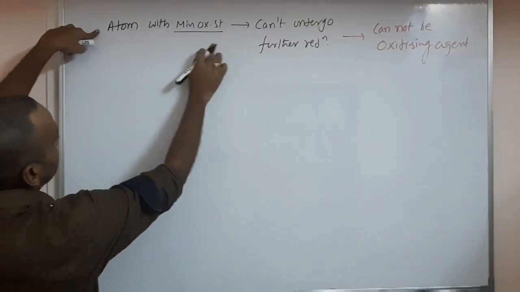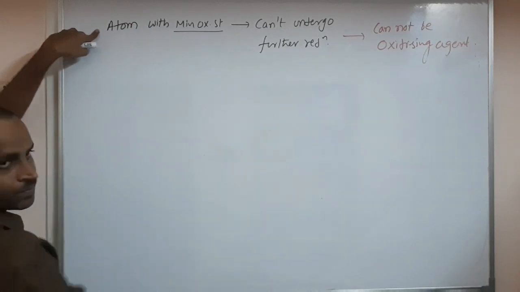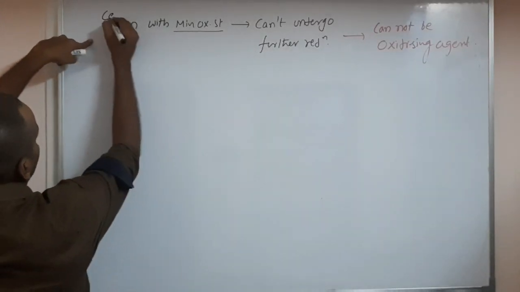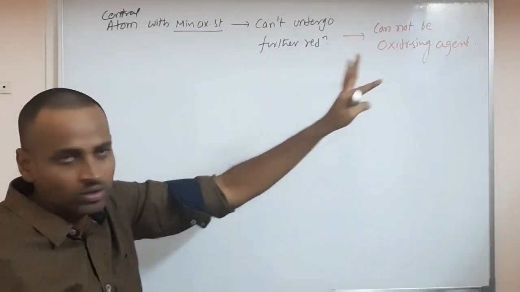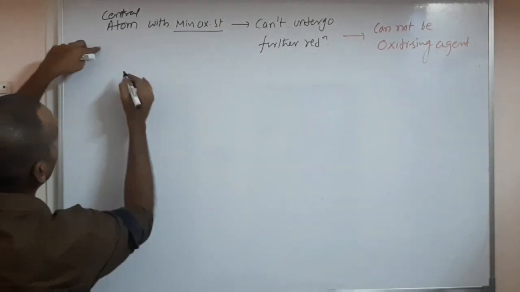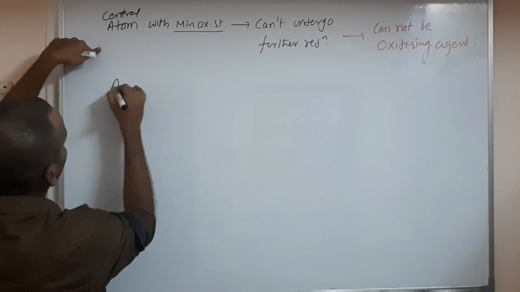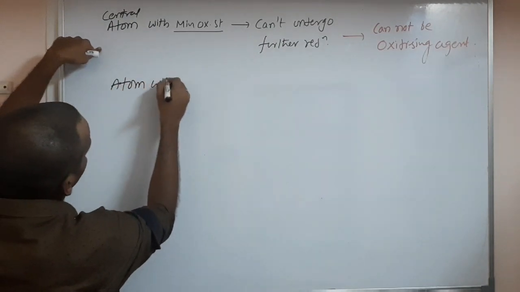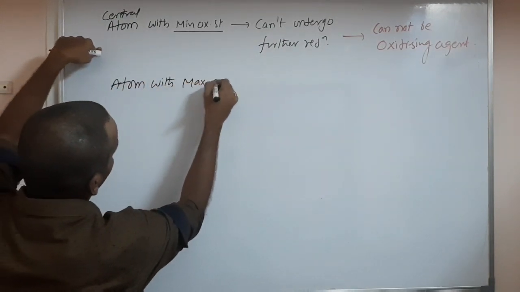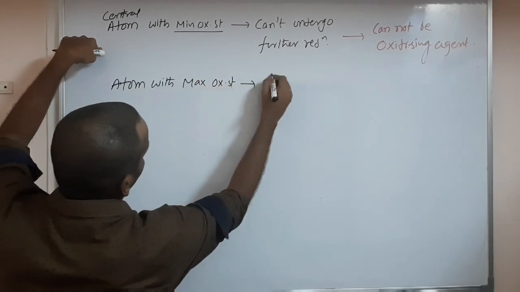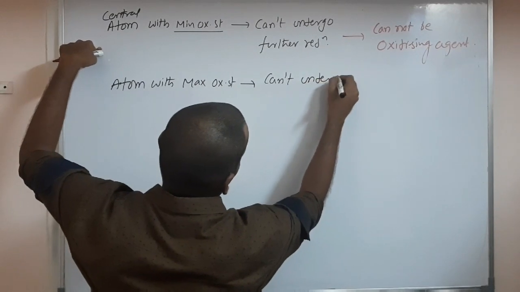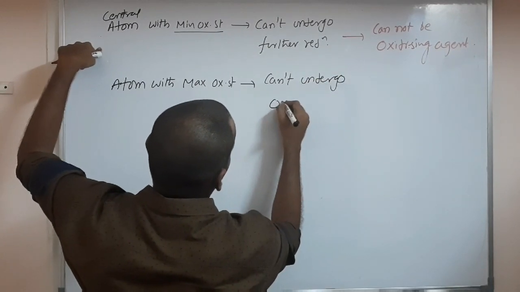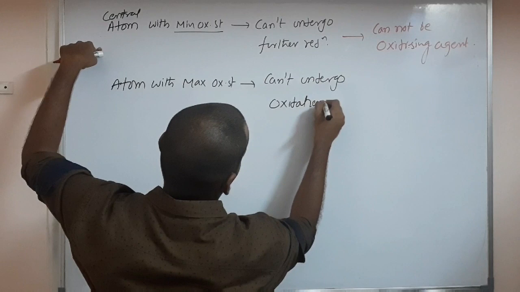So which atoms are meant here? Central atoms. Atom with the minimum oxidation state, the central atom in a molecule. I cannot write all of that, so here is a simple short way to remember. Same: an atom with the maximum oxidation state cannot undergo oxidation further.